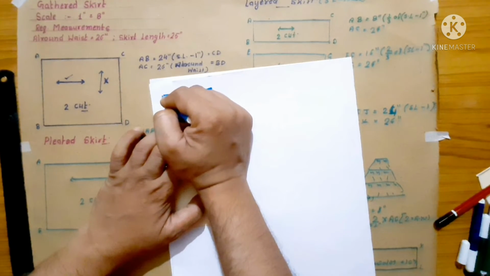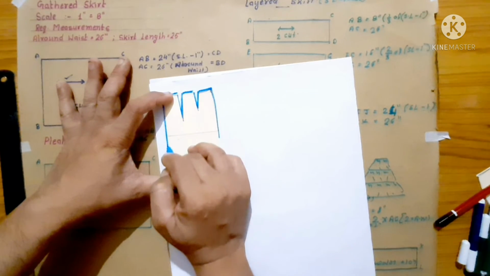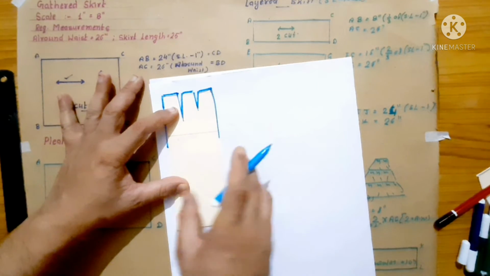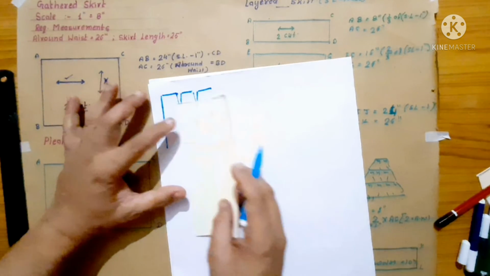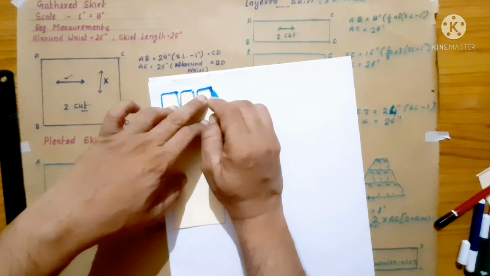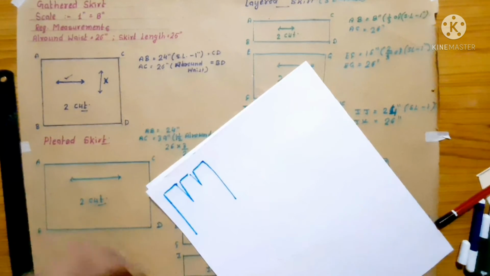If you have not seen the first day video of skirts, go through the video and you will come to know about the process of making the basic skirt block. Only the upper portion I have traced. You can see I have traced the upper portion, right?